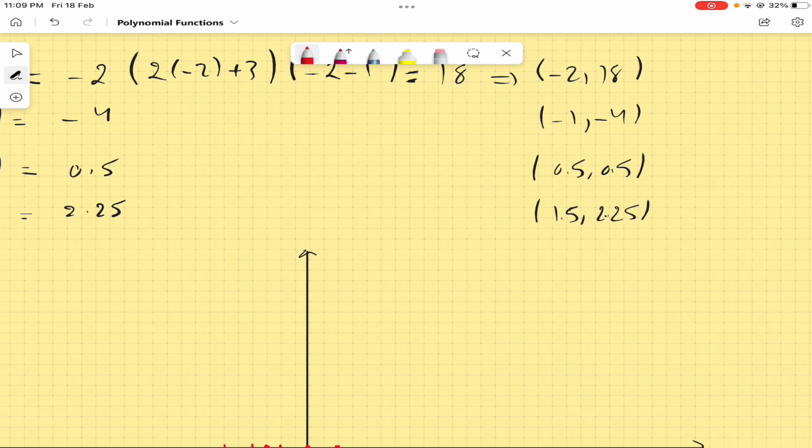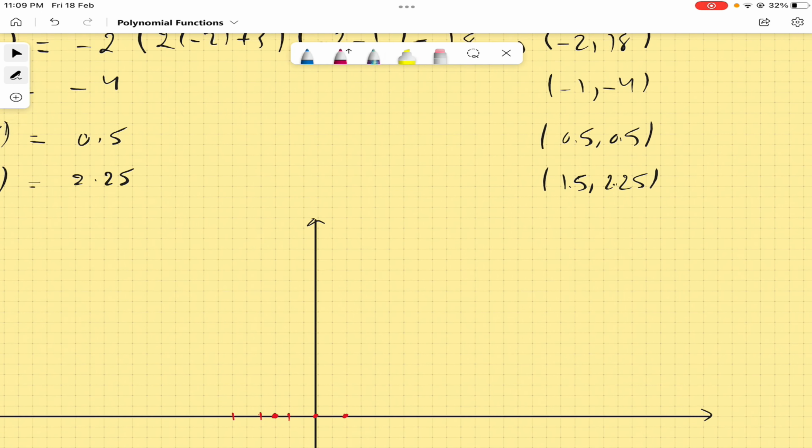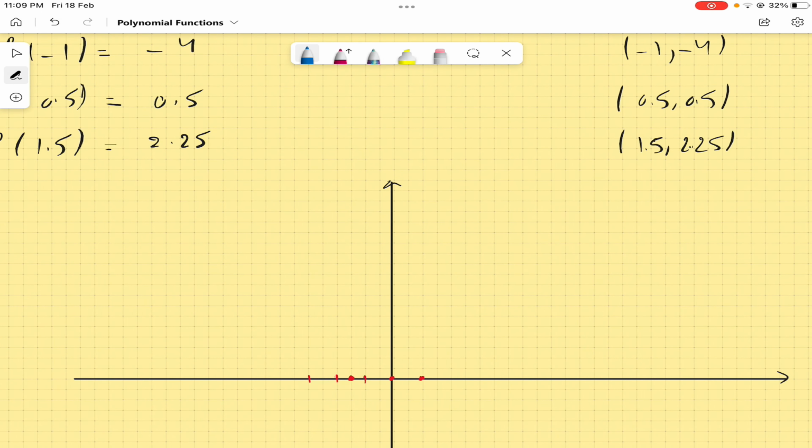The points we found: (-2, 18), 1, 2, 3, 4, 5, 6, 7, 8.